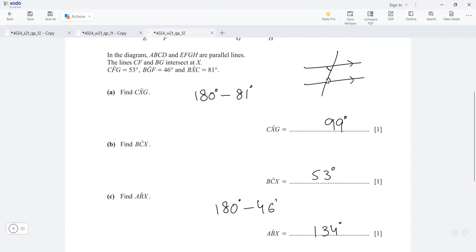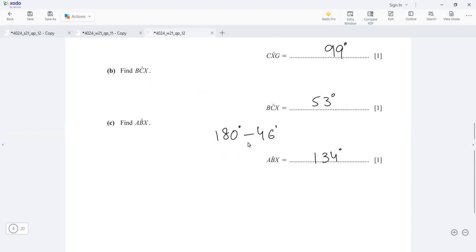And if the angles are on the same side, the angle on the left-hand side with the first parallel line and the angle on the left-hand side with the other parallel line, the sum of these two is 180. We applied this property in the last part, the C part. So the sum equals 180 when the angles are on the same side.